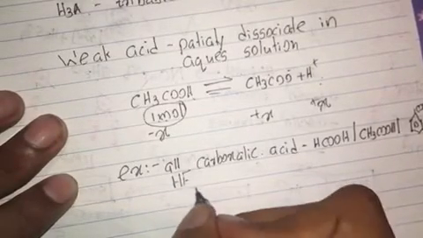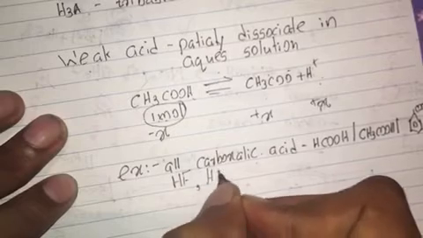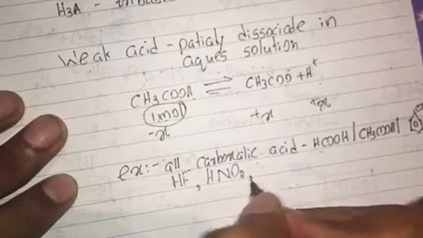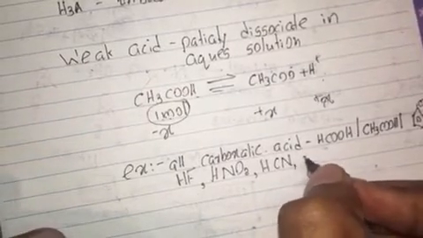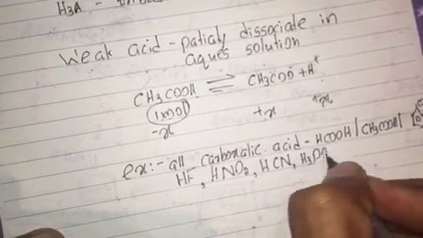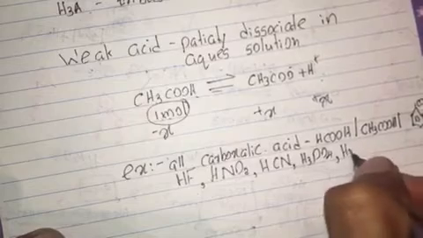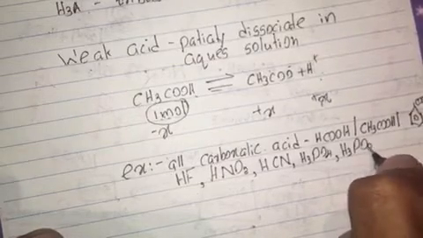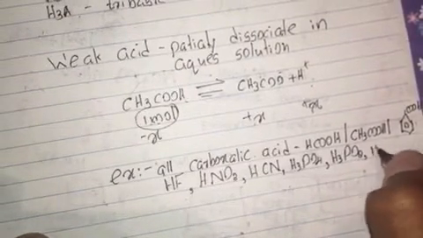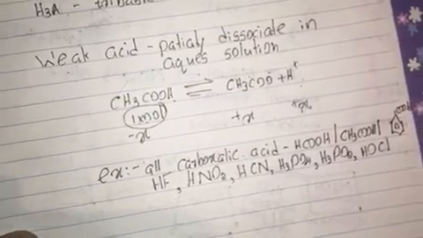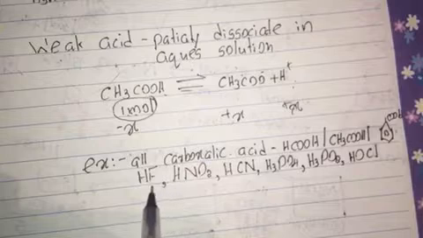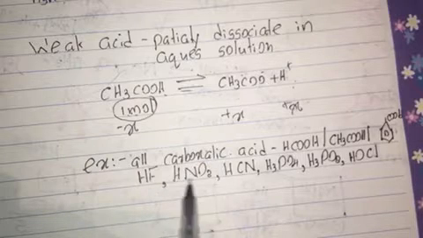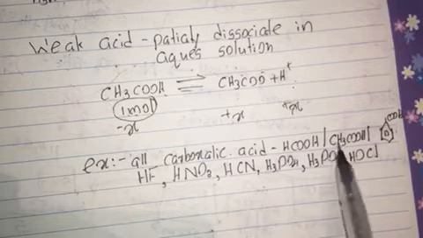HF is a weak acid. HNO2, HCN, H3PO4, H3PO2, HOCl. These are normally weak acids.